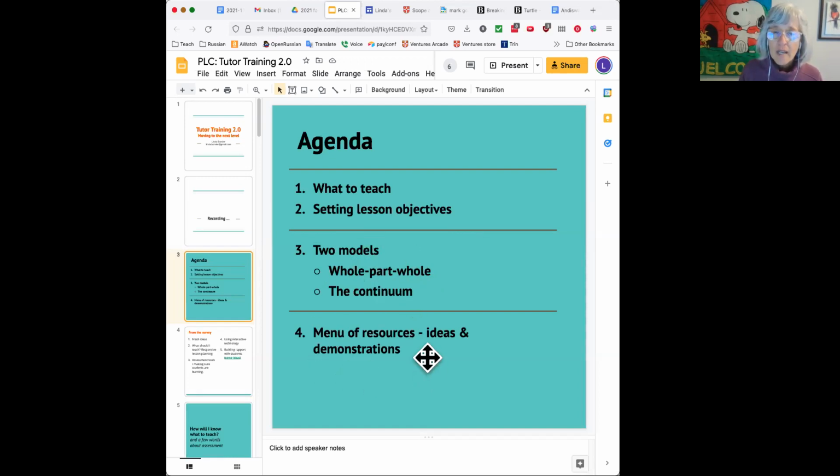Then we'll get started on a menu of resources and talk about all different kinds of tools that you can use, where they fit, and how to teach from them within the continuum. We'll do maybe 1 or 2 kinds of resources today, and whatever we don't cover today, we'll do next week. All right.